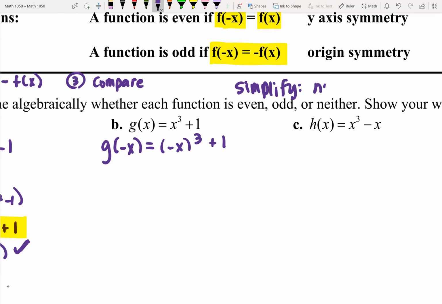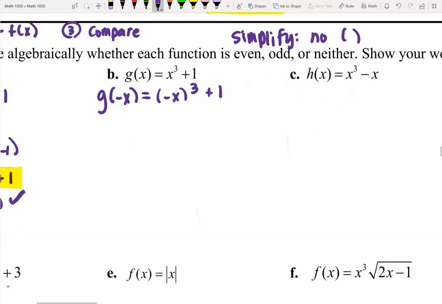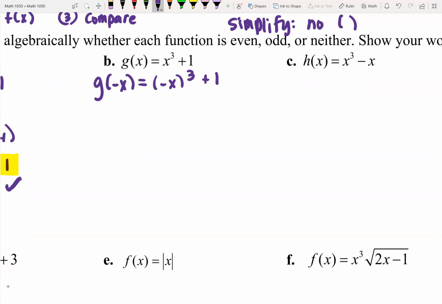Simplify means that you have no parentheses left anymore. So do you see how we have parentheses? So it's not simplified. So you have a negative to an odd is a negative, and then you have an x to the third plus 1. Now it's simplified.